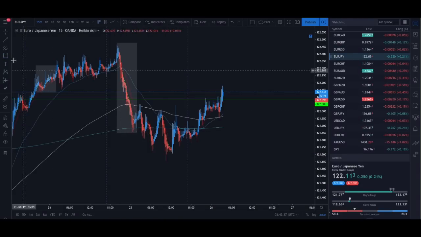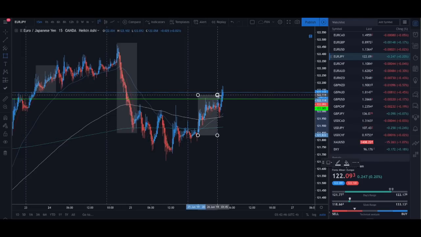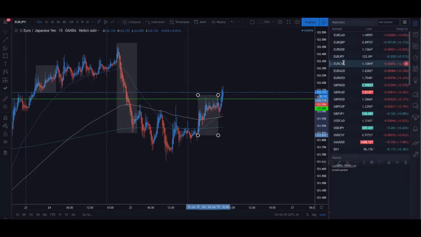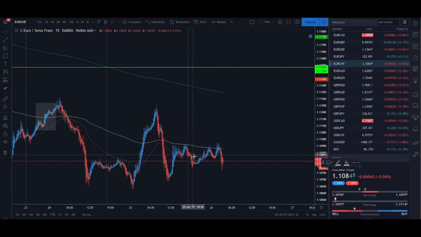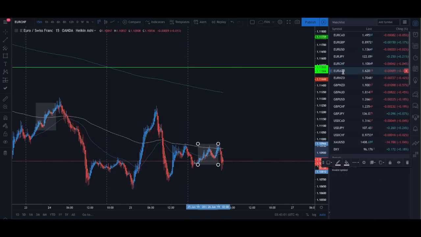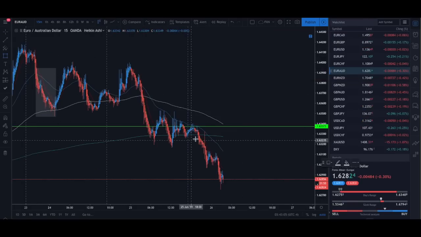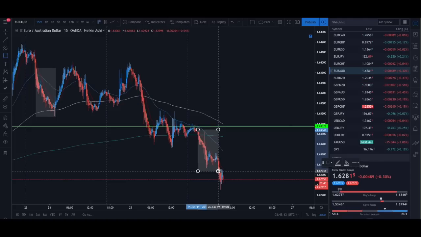Alright guys, the first thing that I do is, as you can see here, I go through every single Euro and Pound pair and I start to lay out my Asian session. That's the very first thing that I do on every single pair. I don't worry about anything else but putting on the Asian sessions on all the pairs that I normally look at.